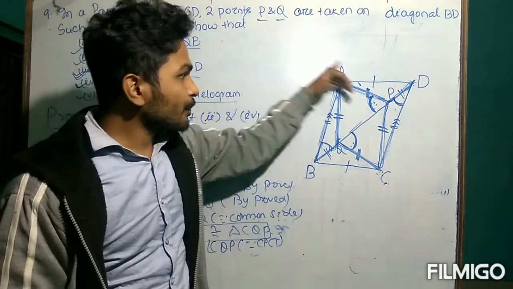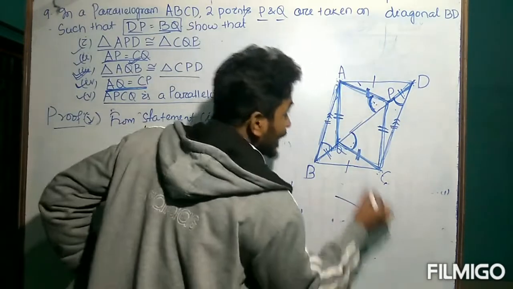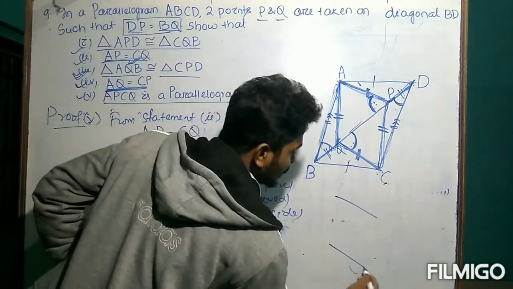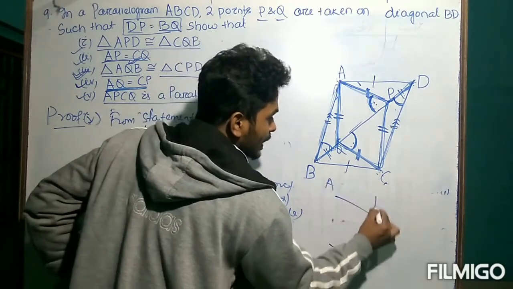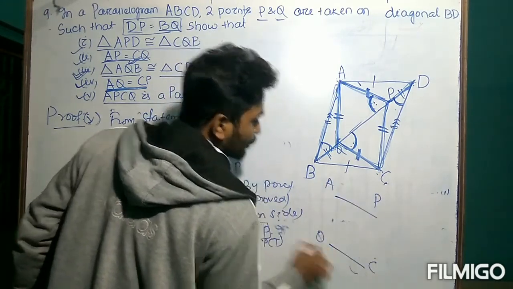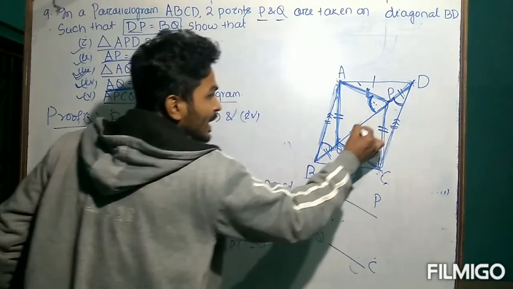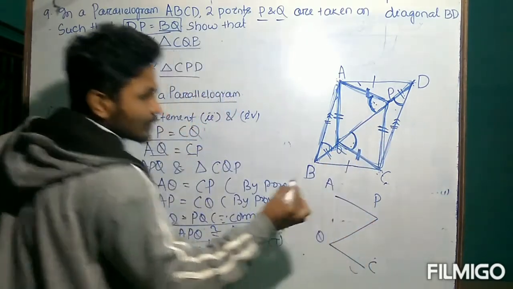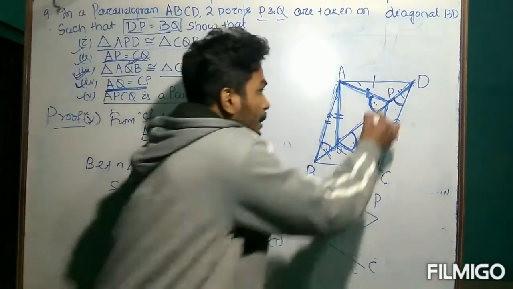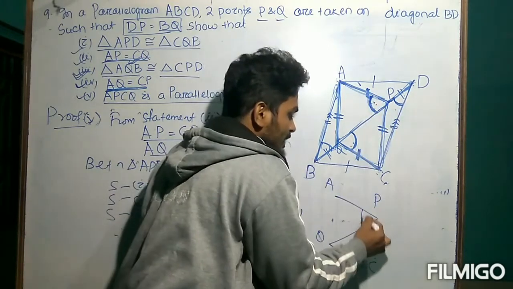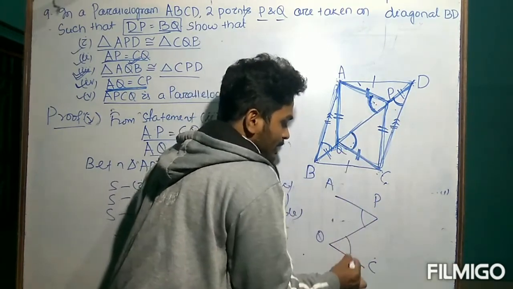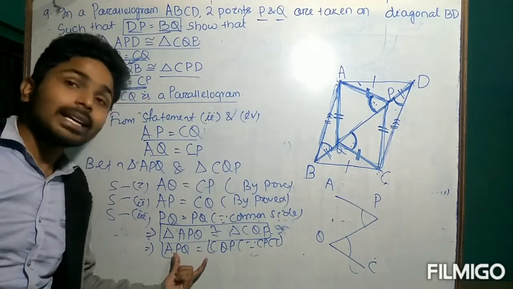Now just see. We have taken AP as a side and CQ as a side. Okay, just understand this. AP and CQ, and PQ is a transversal line. And here, this angle and this angle are now proved equal.